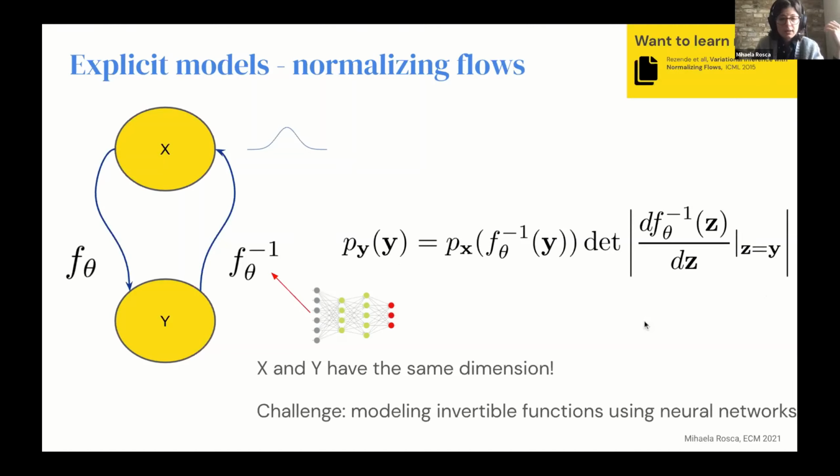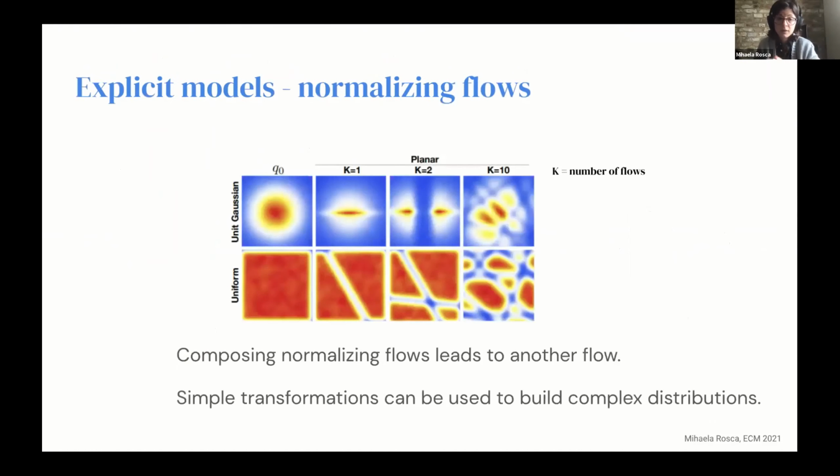So often what is done is you might restrict the family of transformations so that they are very simple, maybe even affine transformations, so that you can compute this determinant quite cheaply, and then use the very nice fact that if you compose very simple transformations, you can get, again, very complex ones.